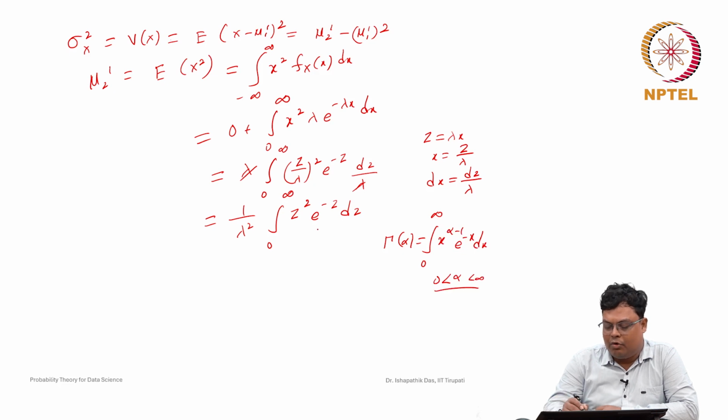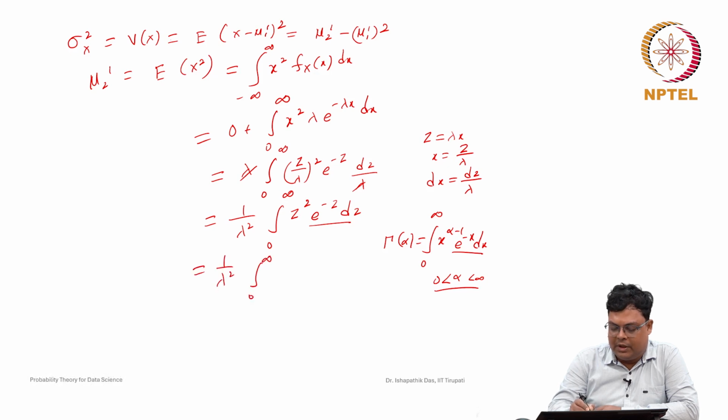Now if you compare with this gamma function, you can see that this part is similar looking, and x to the power alpha minus 1 here is z square. So z square is represented by 3 minus 1. Then it is 1 by lambda square times the integral from 0 to infinity of z square e to the power of minus z dz, which by comparison is nothing but gamma 3.